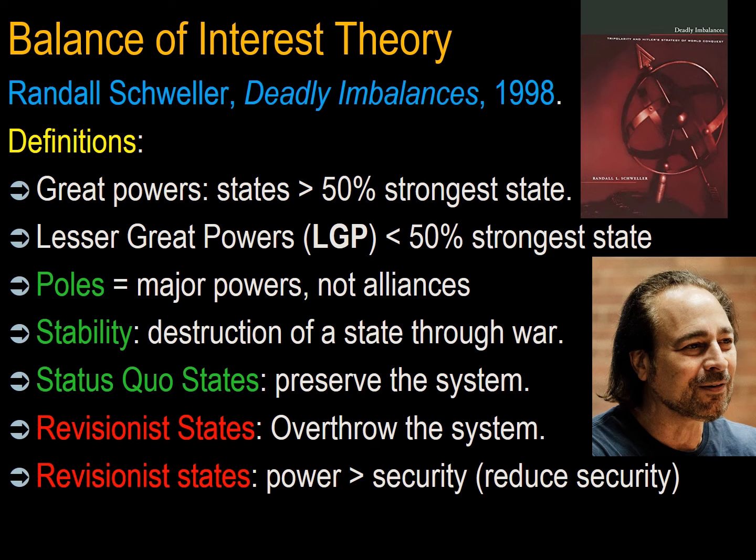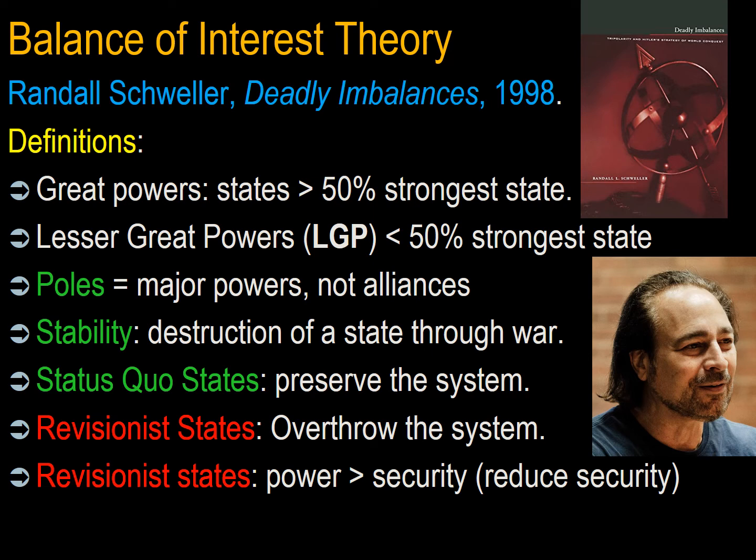So this is the membership of the international system. There are lesser great powers, and they have the remaining significant states that fall below or above the 50% threshold. Poles within a system are major powers for Schweller. They're not alliances. Stability is the likelihood in the system of the destruction of a state through war.